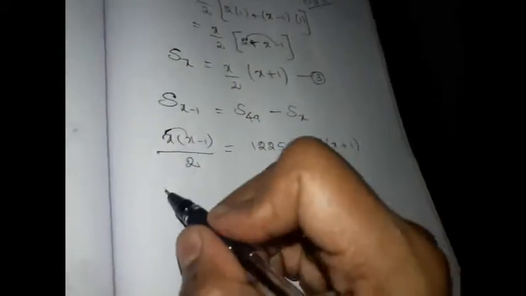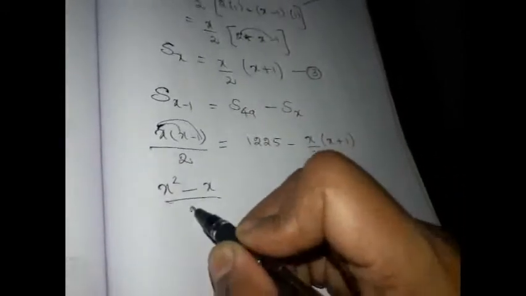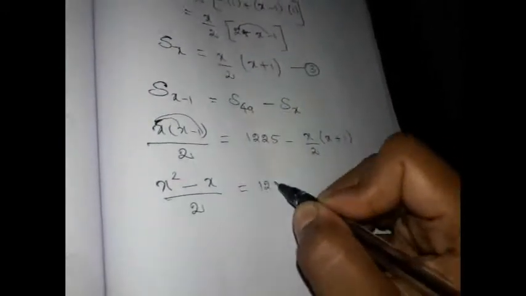Now simplify your equation. x into x is x square minus x into 1 is x, divided by 2, which equals 1225 minus, since you have minus, to avoid confusion put brackets, x square plus x divided by 2, right.